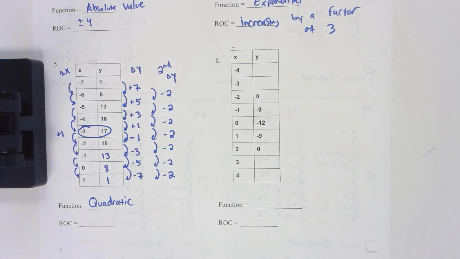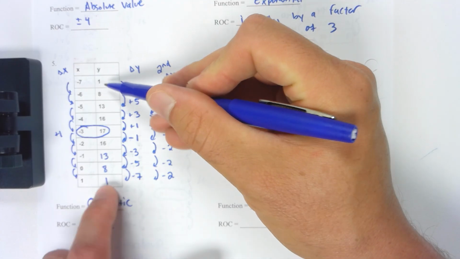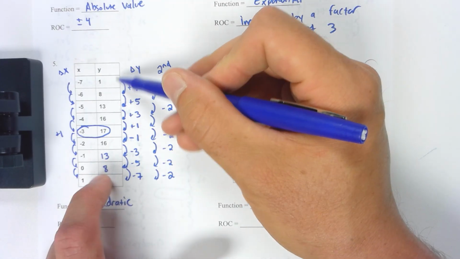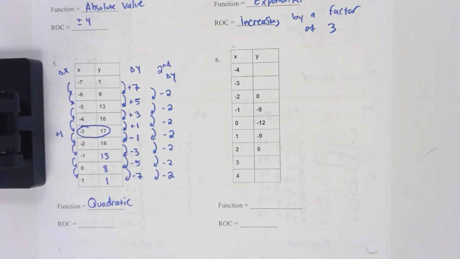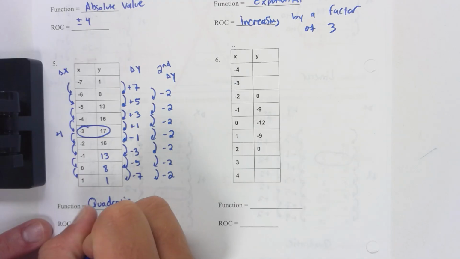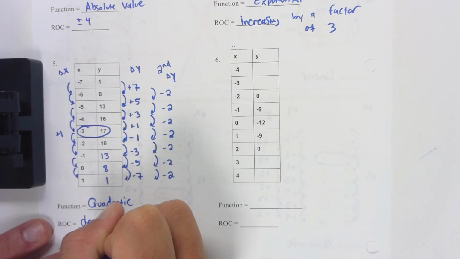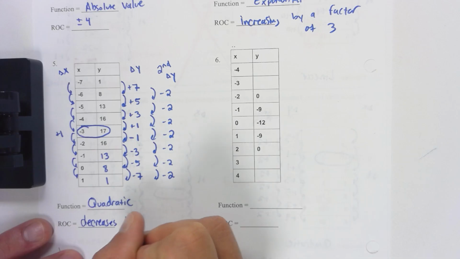Could also just use the idea of the symmetry, right? If we know that it's quadratic and that it has symmetry, we can figure it out. Okay, so now the rate of change, we would just say, decreases by 2.